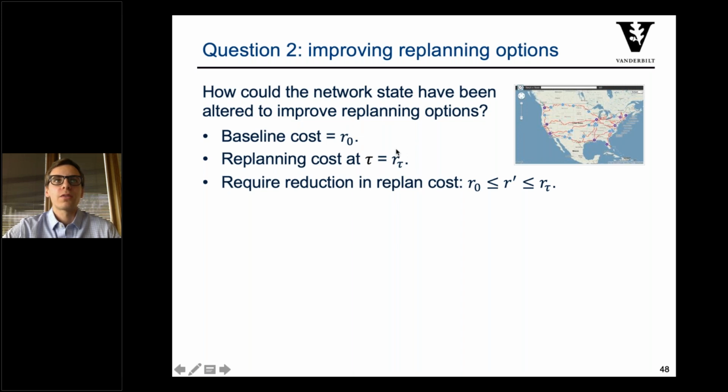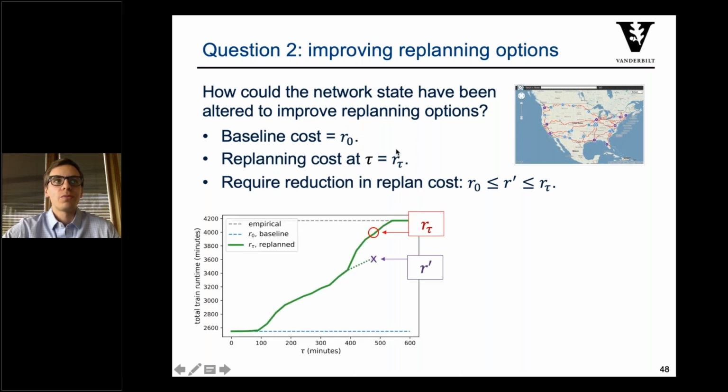Again, from the previous problem, you'll recognize this graph. If we take this replanning cost at a given time and ask to reduce that replanning cost to a hypothetical amount, which we'll call R prime, what would we have had to do to the network state in order to make replanning possible down to this specific value?